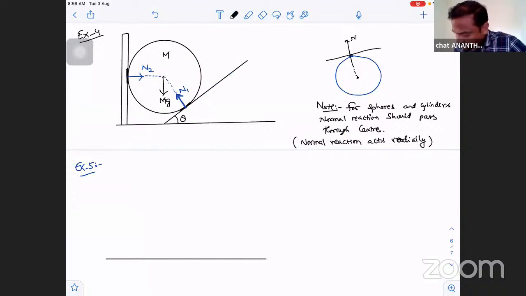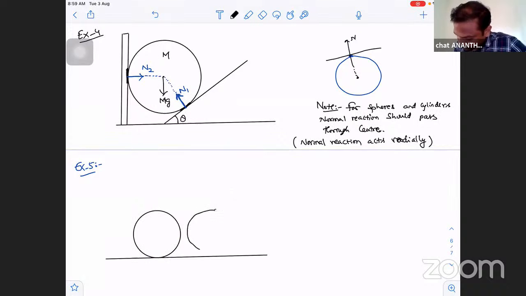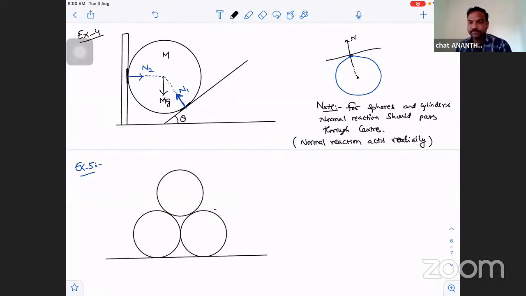So now there is a ground. There are 3 cylinders, one kept on the other. 3 cylinders are placed as shown in the figure.